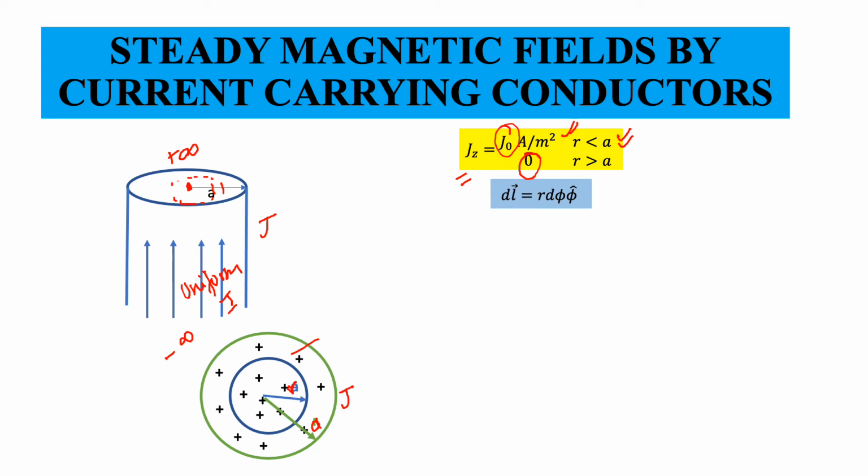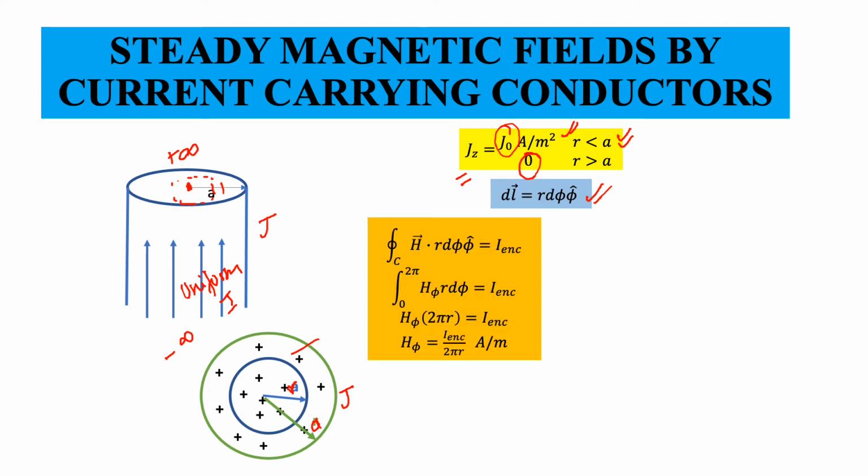The left hand side of the Ampere law, if you stretch your imagination slightly, would not really change, because the contour is still giving you a line element dl going around a particular radius r, not changing its value. So H is still going to be H phi, because the magnetic field circles around the wire, and what would change is the right hand side.